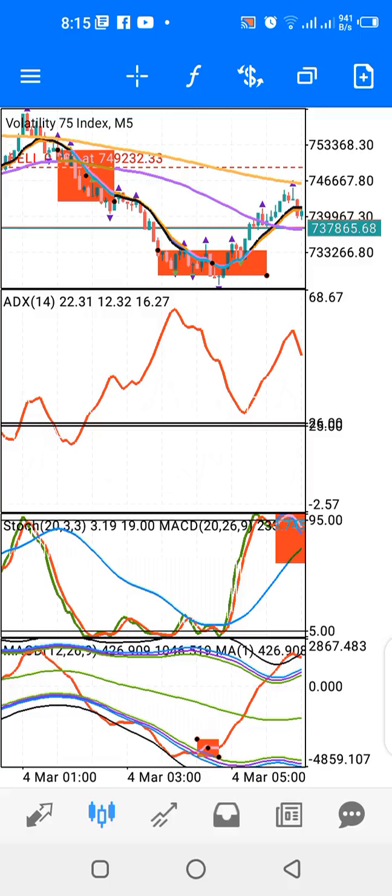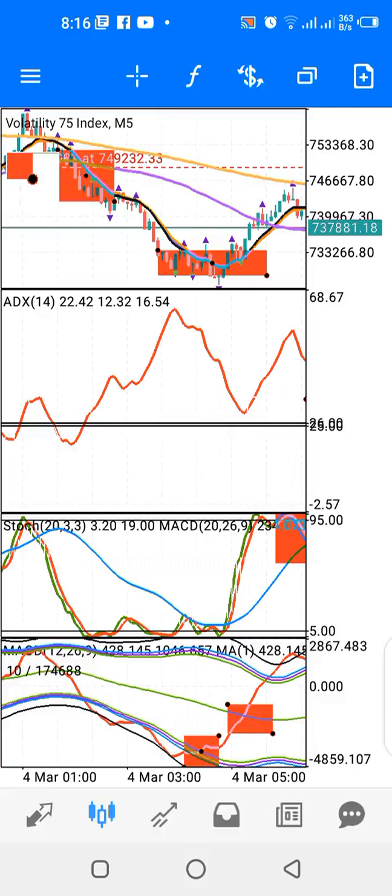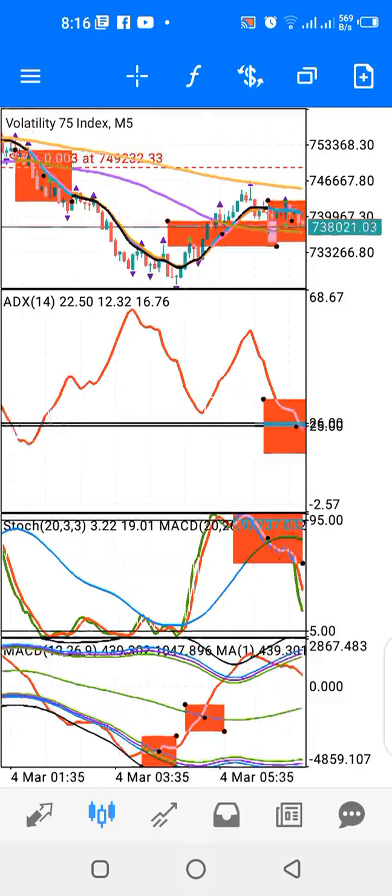When the red line crosses above here, that's your buy signal. But when it crosses the mid band, that's your confirmation to buy, and you can buy just like we have on the main chart. You can buy at that point.